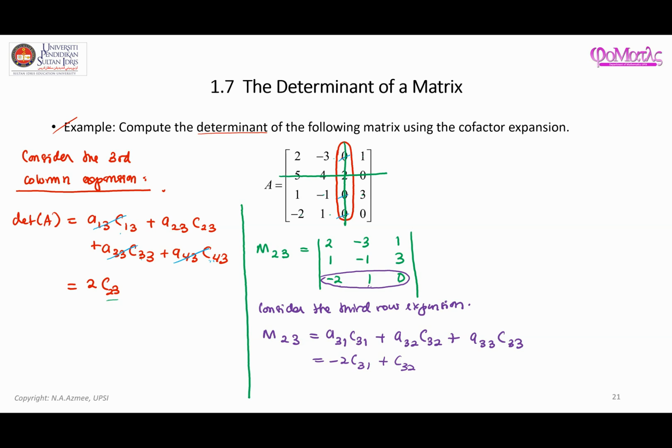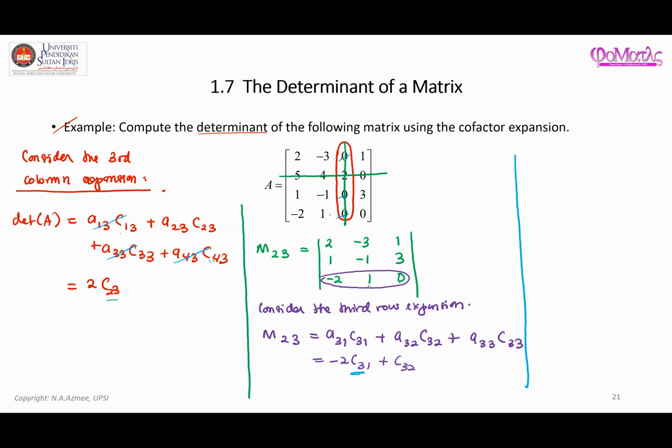Now we need to find C31, because we need to plug in the result here. We have a different level right now because our matrix is not simple anymore.